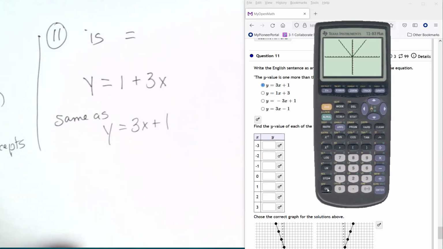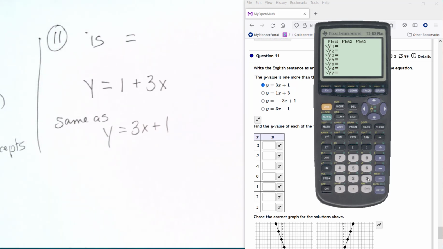So I have to turn mine back on. Clear. Y equals, clear. All right, so you should be comfortable now with going into the y equals. It has to be in the form y equals to be able to put it into the graphing calculator. So 3x plus 1, enter, graph.